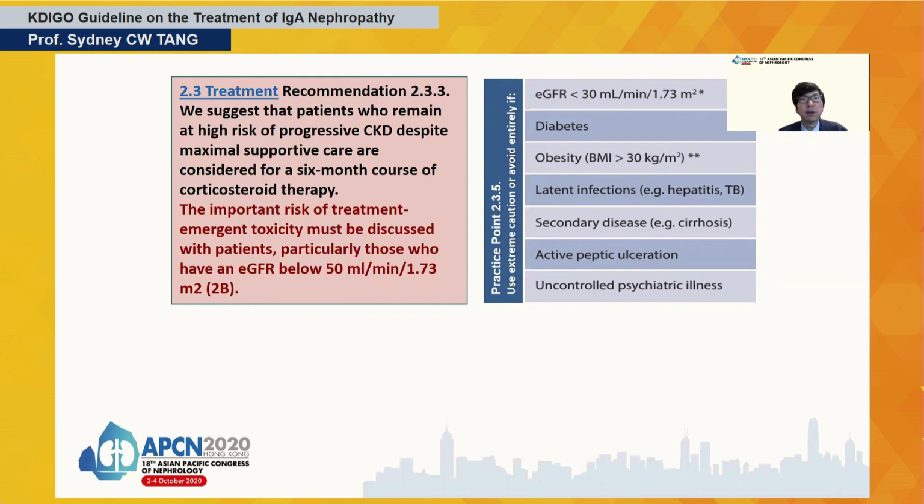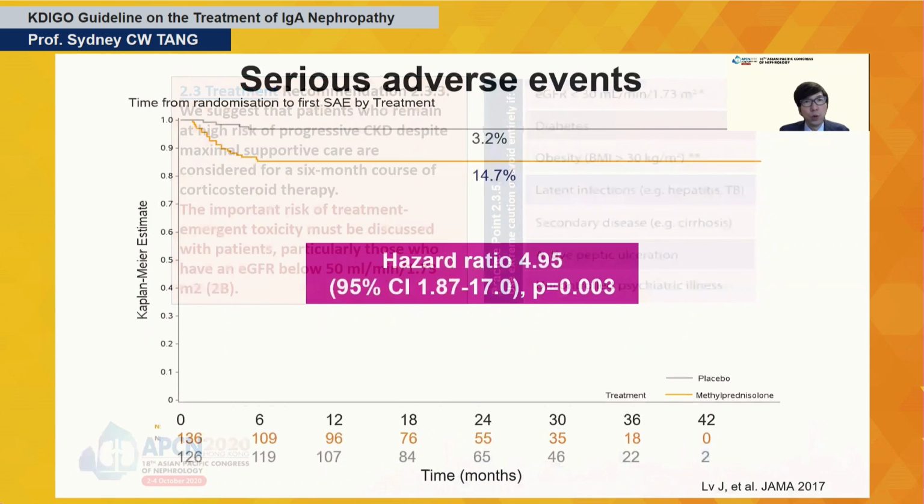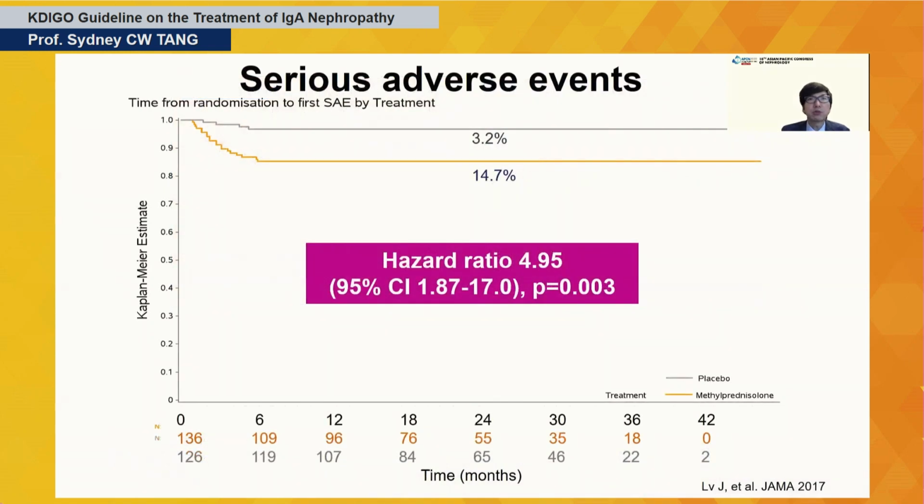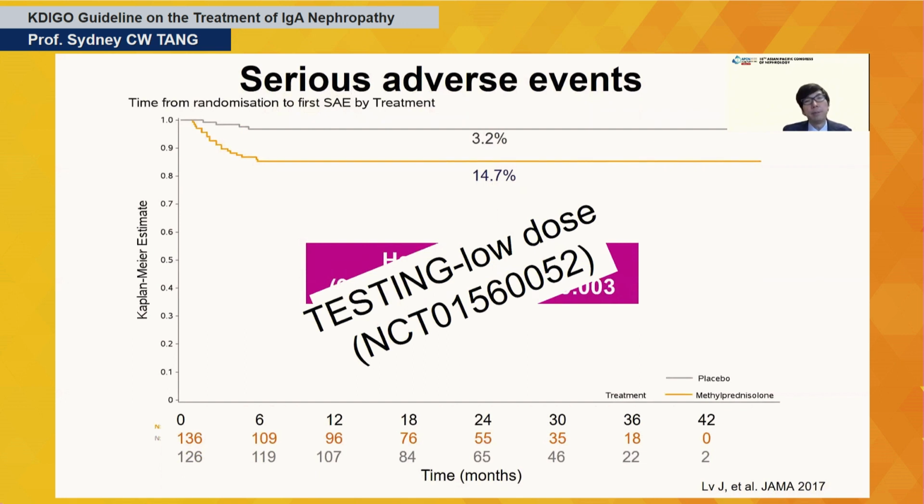The toxicity data was also from the TESTING trial, in which you see a very high hazard ratio for severe or serious adverse events in patients who are on the corticosteroid arm. So whether or not a lower dose of steroid may be beneficial to IgA nephropathy patients with fewer serious adverse events, we would have to wait for the TESTING low dose trial results.